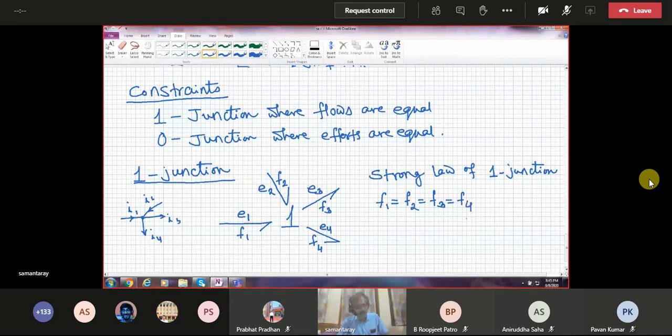Now note that these flows are same doesn't mean they are same kind of physical flows. Okay? Like something might be a velocity, something might be a rate of deformation, something might be a current, something might be a charge carrying, or some kind of electrochemical reaction generated charge rate. So that doesn't mean it's the same physical phenomena. But by magnitude, the flow variables are same. That's what it means by equality of flows. So that is strong law of one junction.